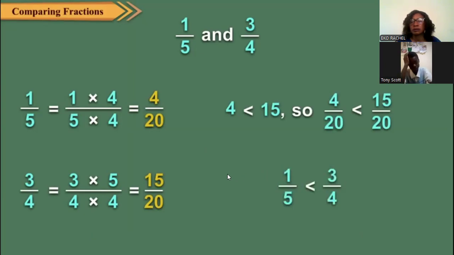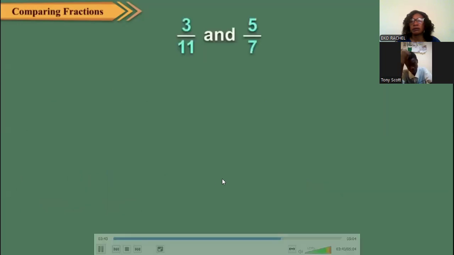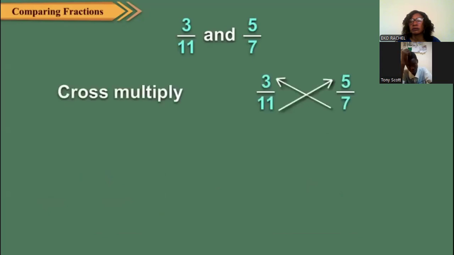Two fractions can also be compared by using the method of cross multiplication. Let us compare 3 upon 11 and 5 upon 7. Now 3 into 7 is equal to 21 and 11 into 5 is equal to 55.